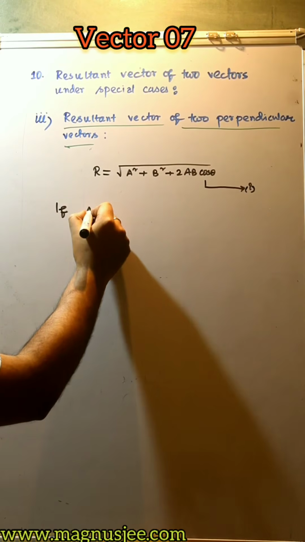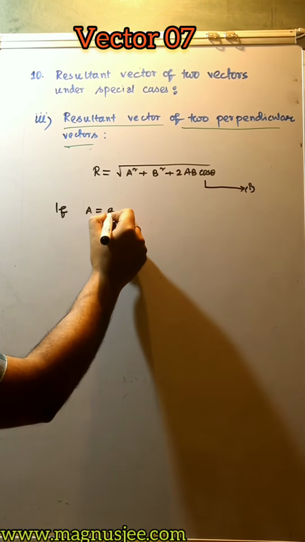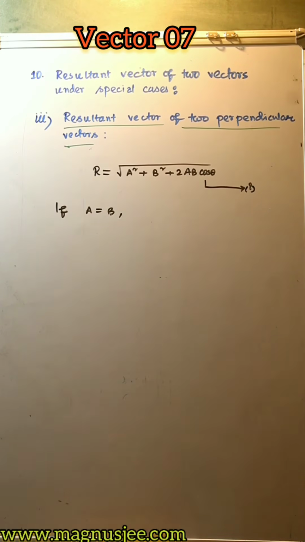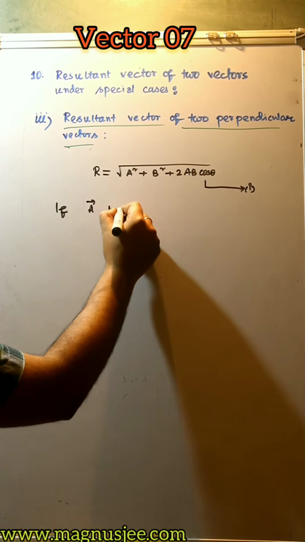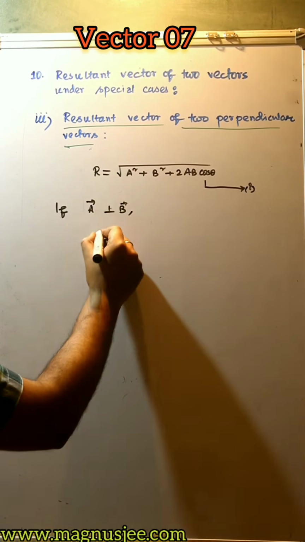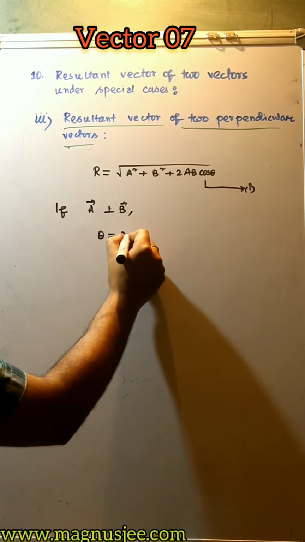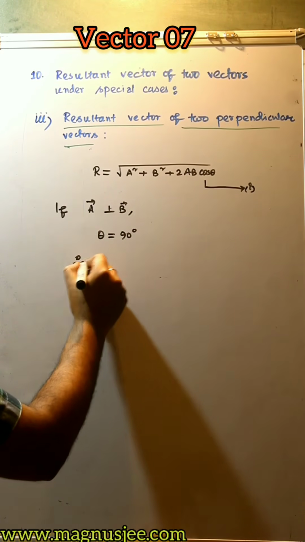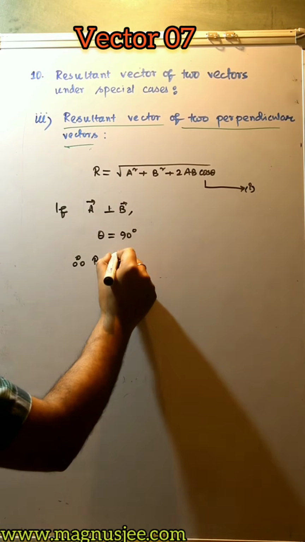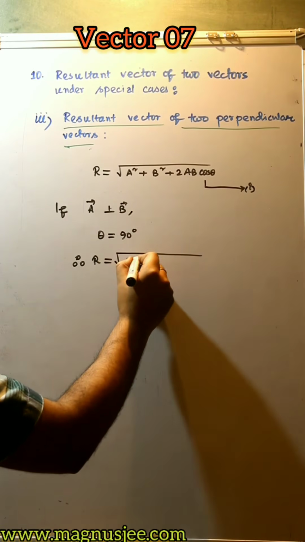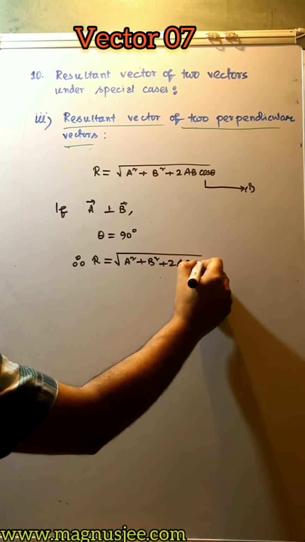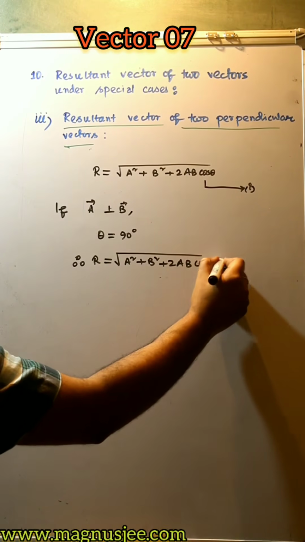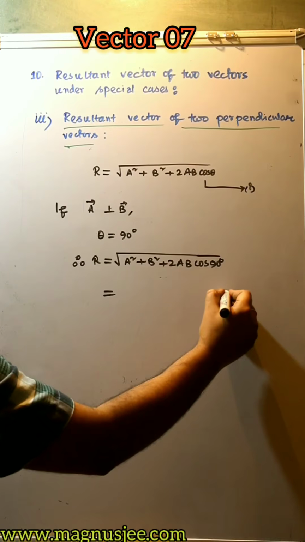If vector A is perpendicular to vector B, that is theta equals 90 degrees, then R will be equal to root over A square plus B square plus 2AB cos 90 degrees.